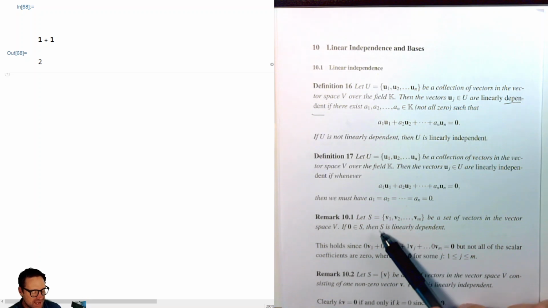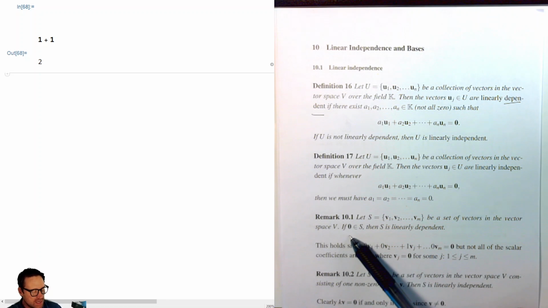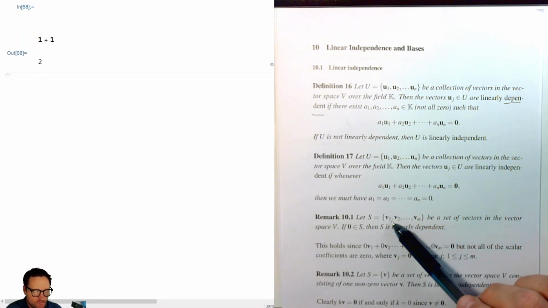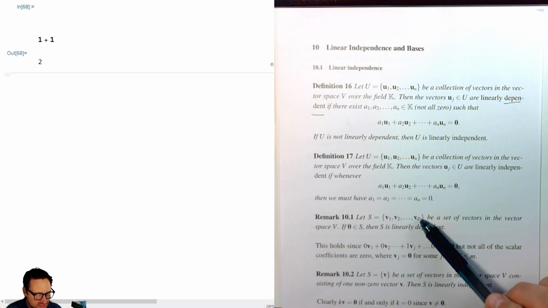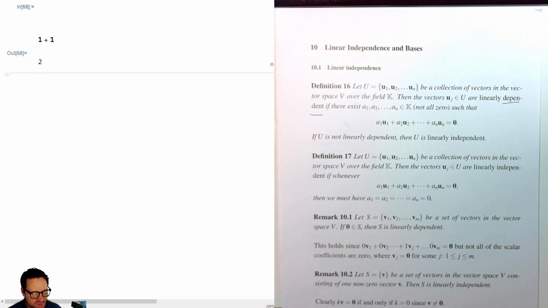Okay, if we have a set S of m vectors in the vector space V, and if the zero vector is in it, then S is linearly dependent. The reason why is because let's suppose that one of these vectors is the zero vector, say Vj.